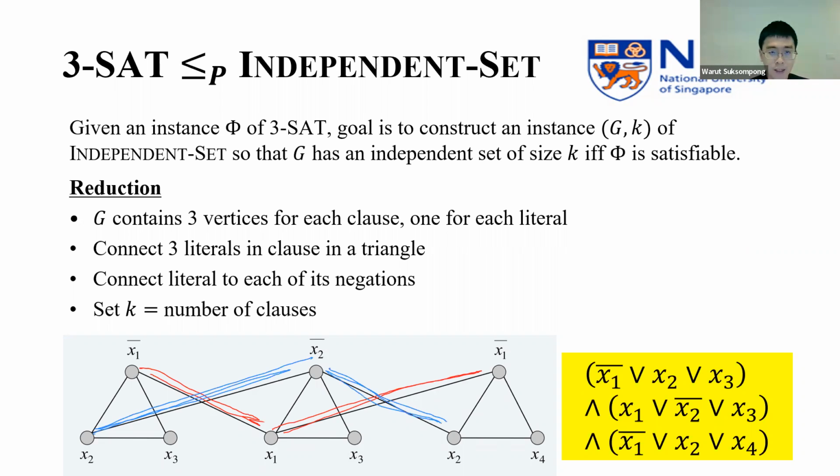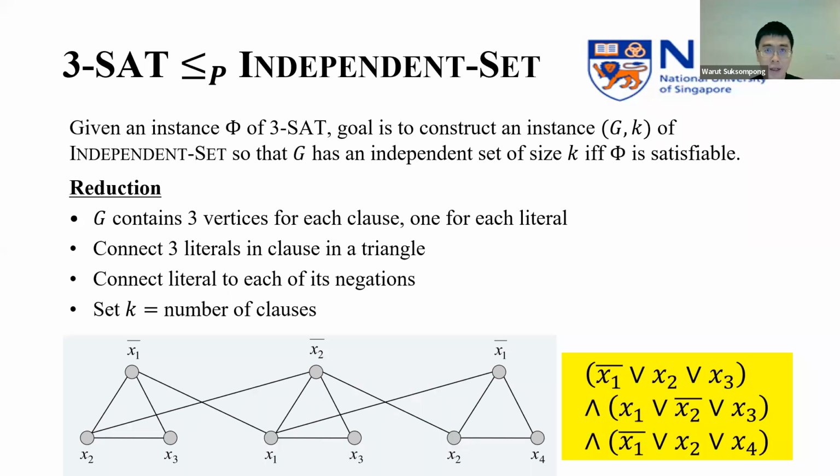So we add an edge whenever there is a literal as well as its negation. We connect these two vertices. And now there's x3, but there's no x3 bar, so no need to add edges there. And also there's x4, but no x4 bar, so no more edges.